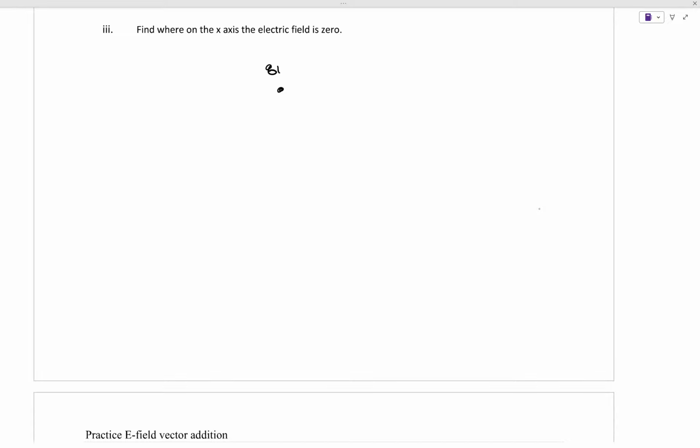So this Q1 is negative, and then Q2 over here we know is positive. Let me try and color code this in red and blue. So let's make Q1 red. We know that the electric field lines for Q1 point towards it because it is negative. So I'm going to draw an arrow everywhere to indicate that.